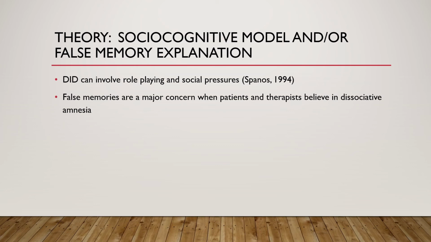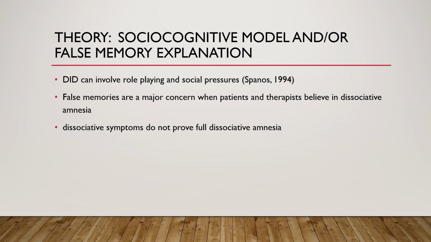So one argument in this model is that dissociative identity disorder can involve role-playing and social pressures, and part of the model is that perhaps these identities are not actually multiple personalities. The therapists may be using iatrogenic techniques to produce multiple personalities.